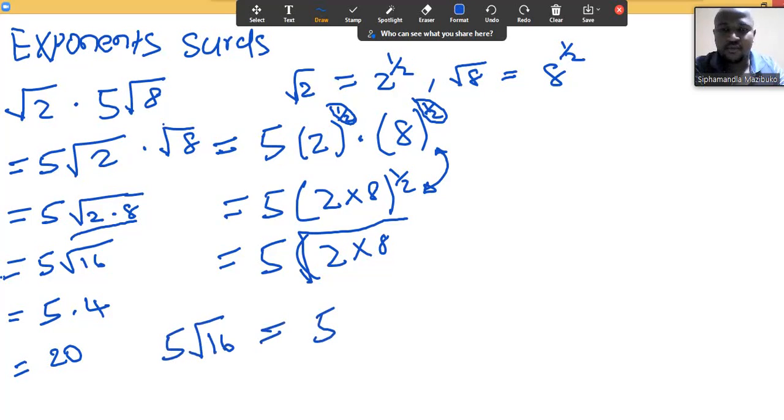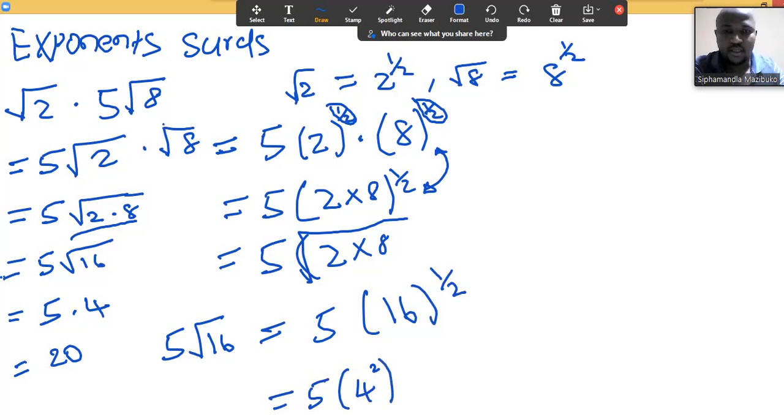This is 5, and then this is 5 times 16 to the half, right? So you can say this is 5 into 4 squared, because 16 is the same as 4 squared, to the half.